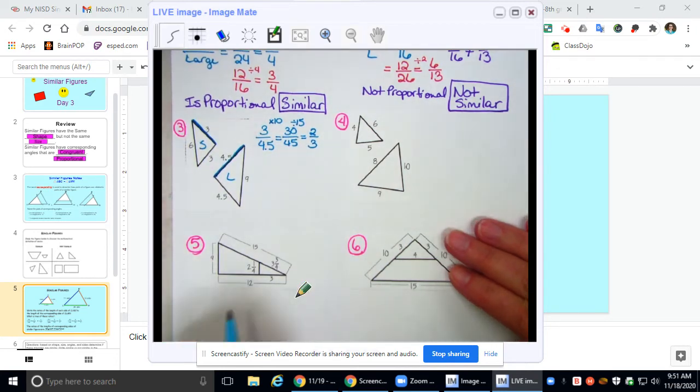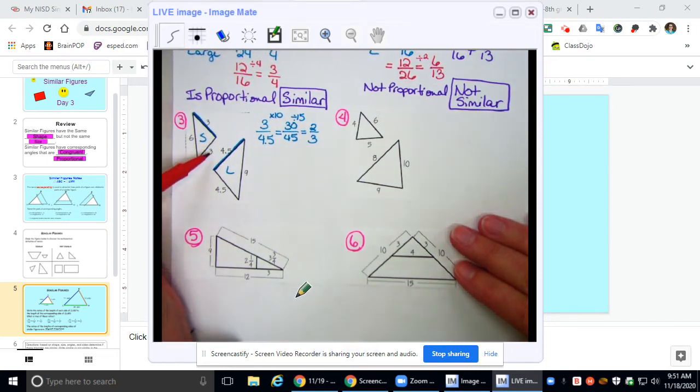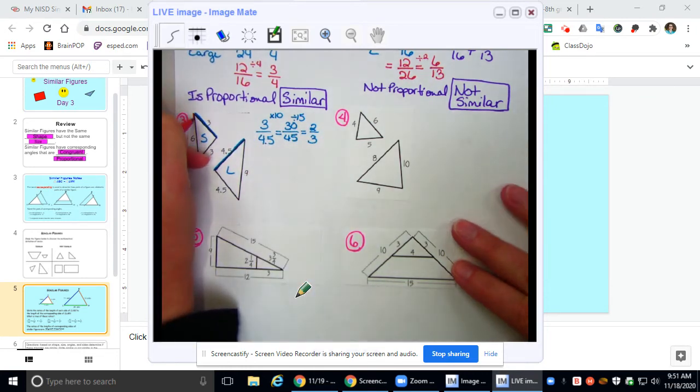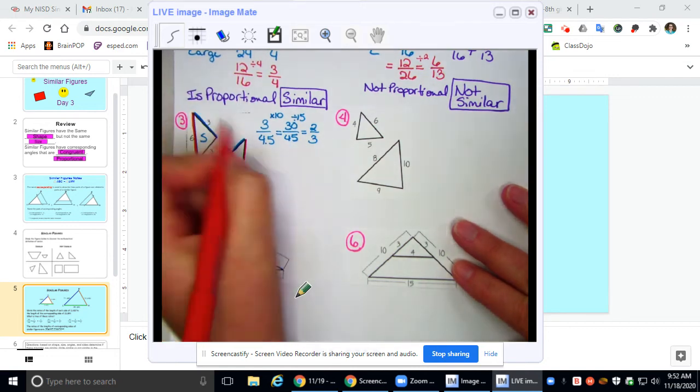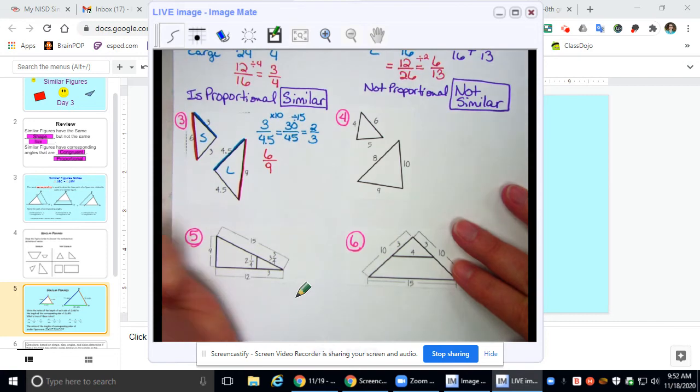So now let's take a look at the other sides. I don't really care about the other 3 to 4.5 because those are going to give us the same result. But I do want to take a look at the 6 and compare that to the 9. Okay, so 6 over 9, small to large.